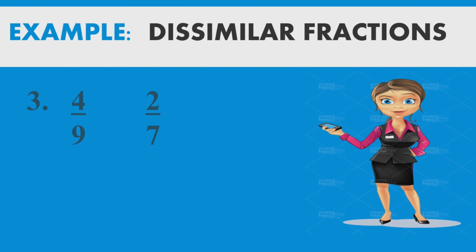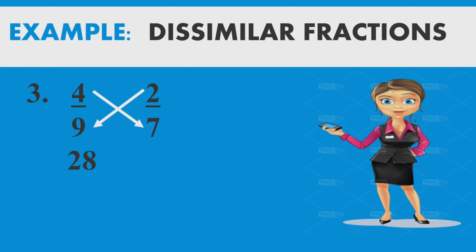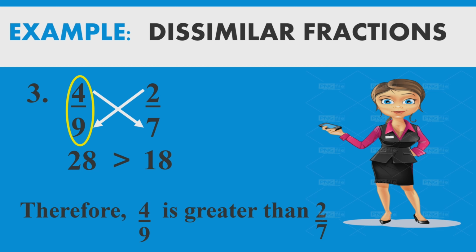Let's have number 3, 4/9 and 2/7. 4 times 7 is 28. 2 times 9 is 18. 28 is greater than 18. Therefore, 4 over 9 is greater than 2 over 7.